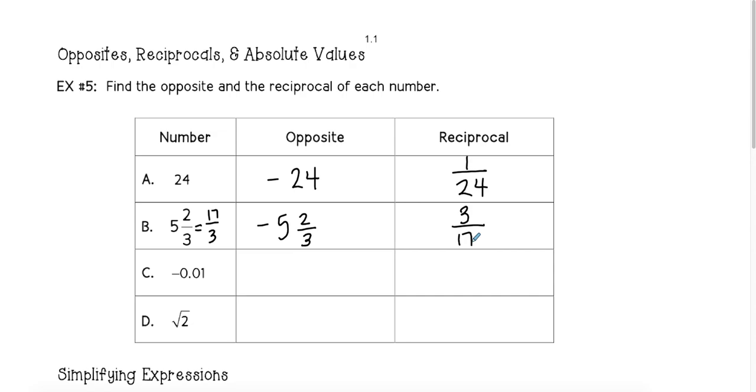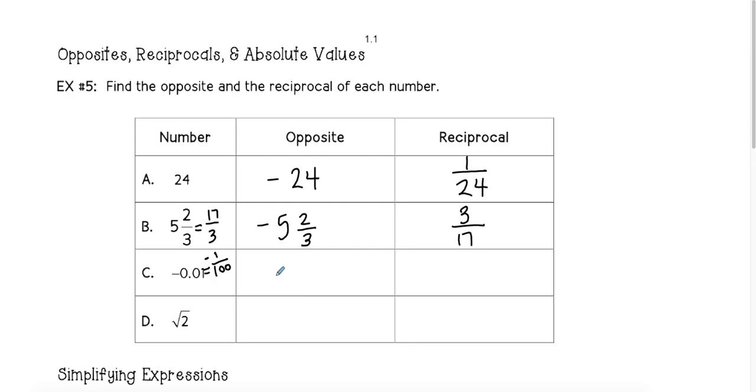Next one, we have -0.01. I would start by writing this as a fraction. So this would be negative, and then we're going to get 1 over, this is the 10th spot, this is the 100th spot. So it's 1 over 100. So this is -1/100.